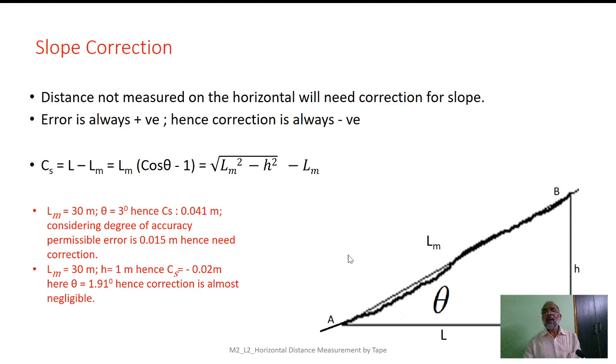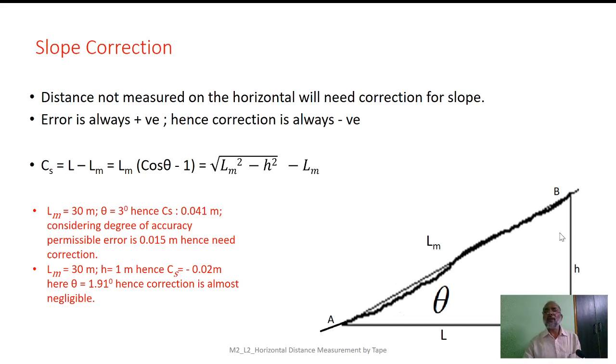Here, as we determine cos theta, it has to be L by Lm. Hence, as we substitute the value of L, Lm can be brought outside the bracket and Cs can be expressed as Lm into (cos theta minus 1).